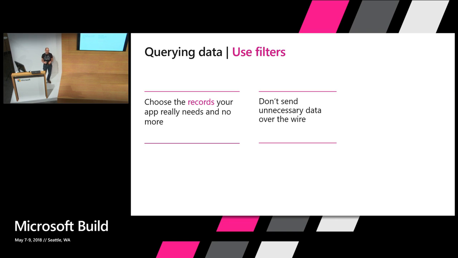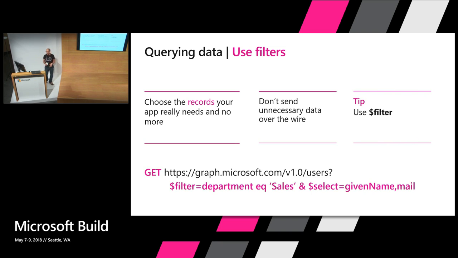The next one we have is using filters. Last time we looked at the columns. Here we're getting the records, or the rows in the table, that really are all my application needs and no more. So again, don't send unnecessary data. Here we're going to use $filter, and we're using it in combination with $select.